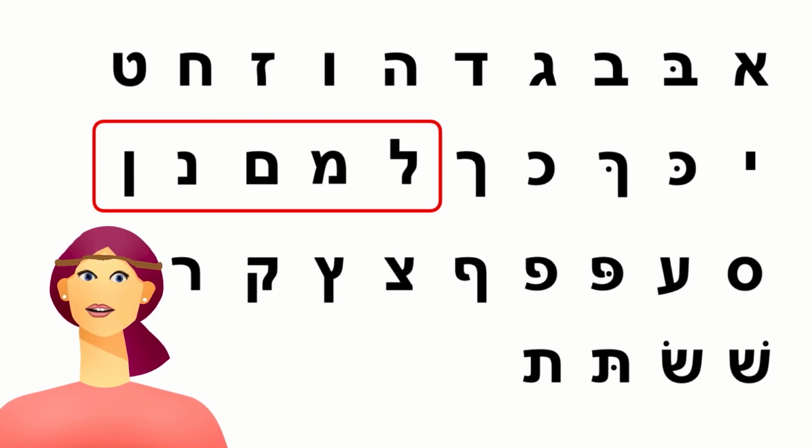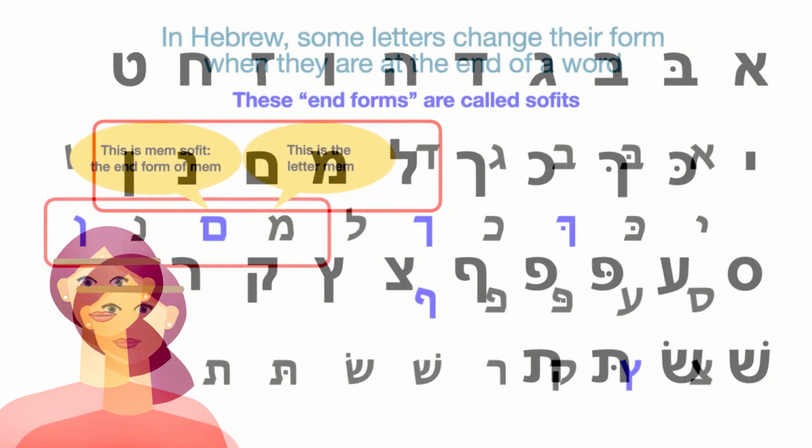Let's review all the letters we've seen so far: aleph, bet, vet, gimel, dalet, and hey. And also vav, zayin, het, tet, yod, kaf, kaf sofit, and now, you also know lamed, mem, mem sofit, nun, and nun sofit.